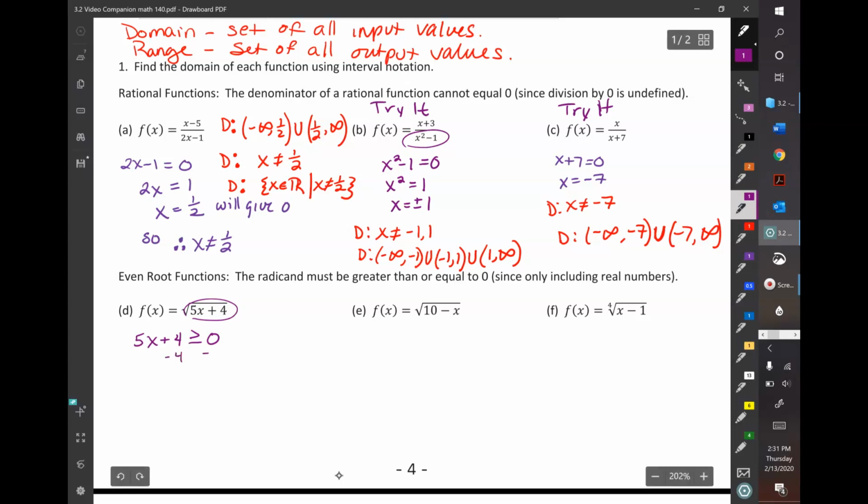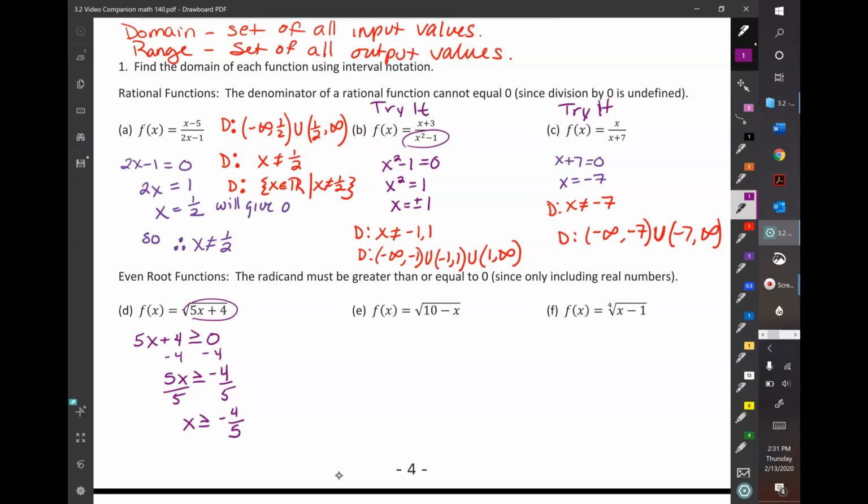So we subtract 4 from both sides. 5x is greater than or equal to negative 4. And then divide both sides by 5. And I get x is greater than or equal to negative 4/5. So I could leave it just like that in set builder notation.